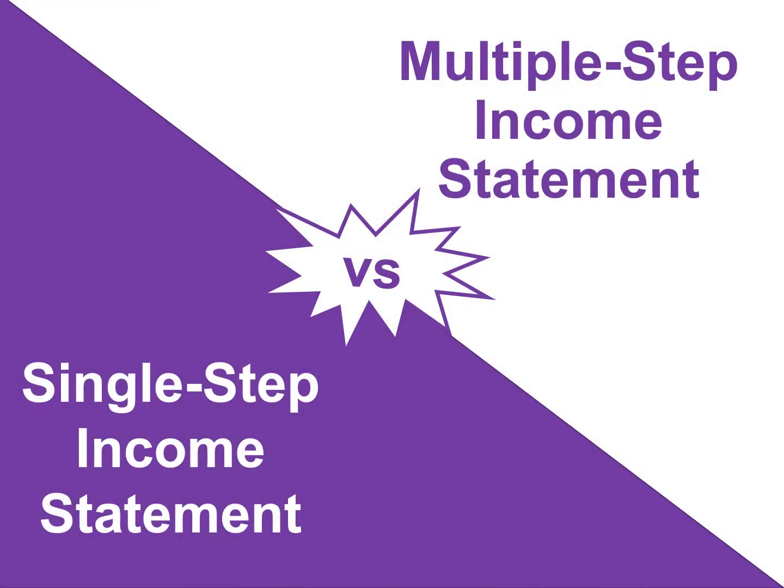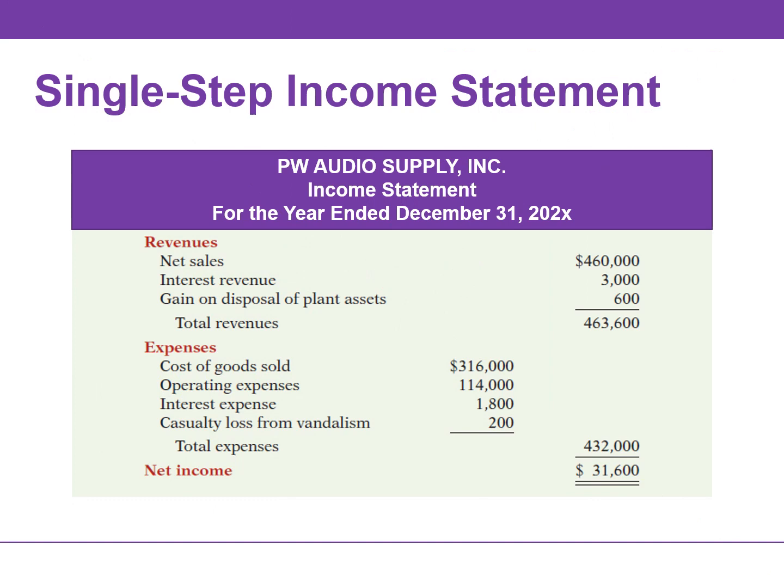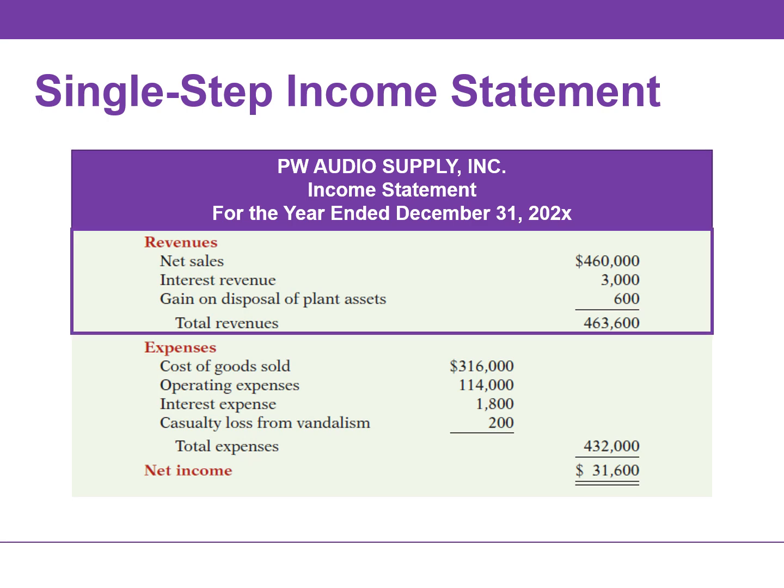In this video, we will explain how to prepare both the single-step and multiple-step income statements. In a single-step statement, all data are classified into two categories. The first category is revenues, which include both operating and non-operating revenues, such as interest revenue and gain on the sale of equipment.